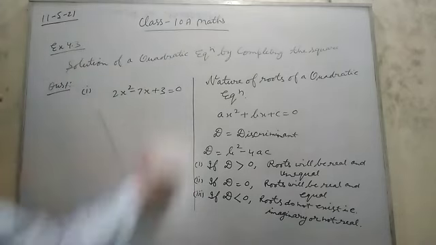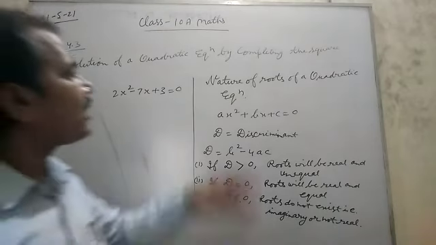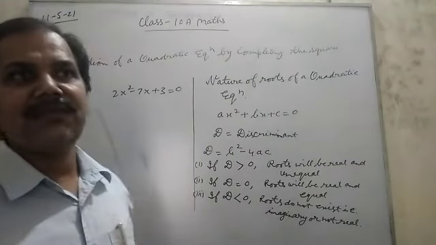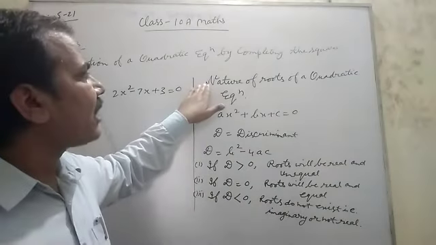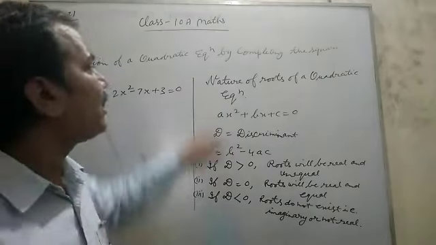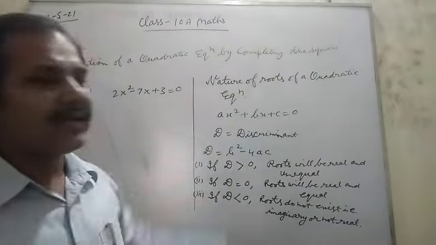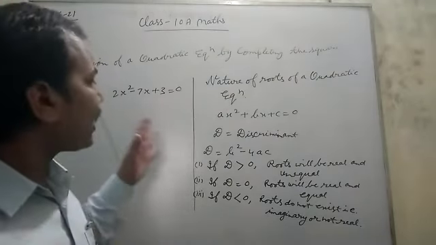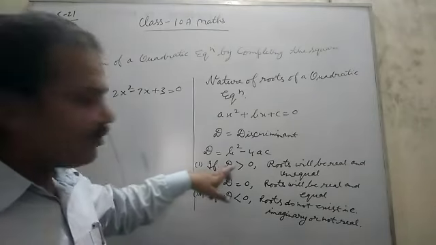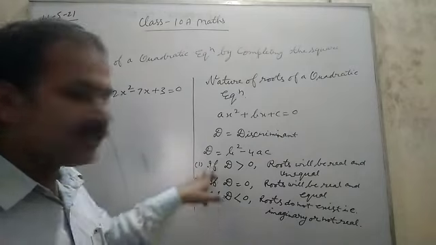So this is the nature of roots, or characteristics of roots also. Sometimes they ask to write the characteristics of roots of a quadratic equation or nature of roots of a quadratic equation. So whether they exist or not, we will find by these three conditions.